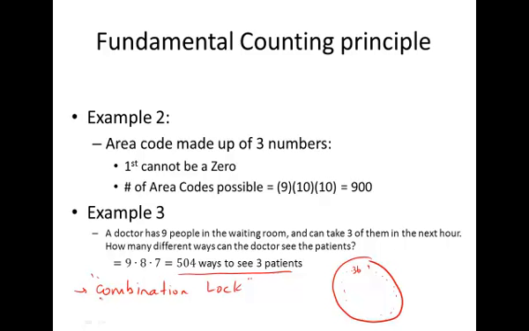As you recall, you turn the lock to the right, to a certain number, then to the left, and then to the right again. But the numbers can repeat, so you might ask the question, how many combinations? That's the word that we use, right?